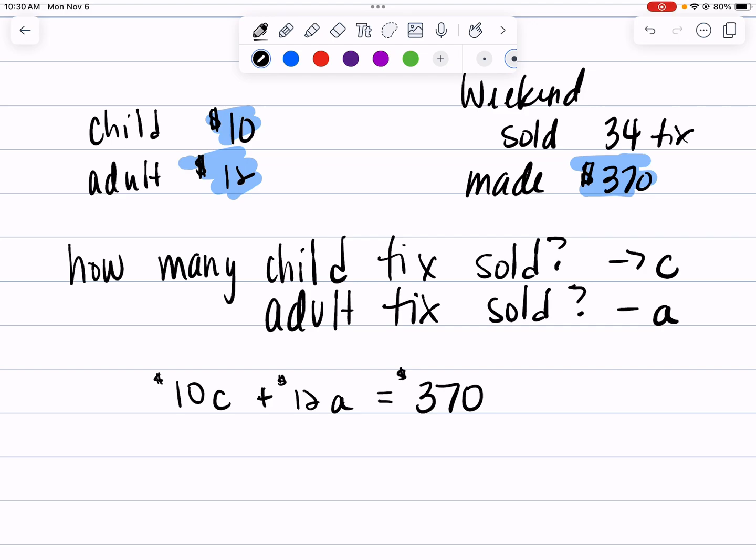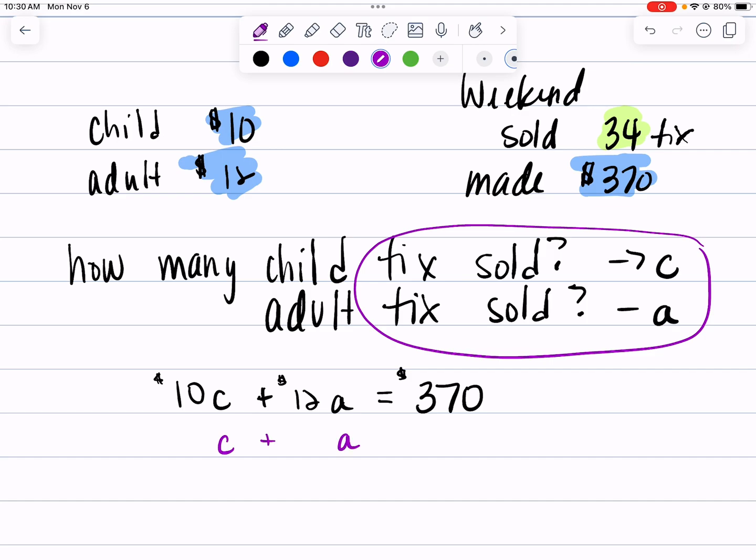The only number I haven't used is the 34, so this equation has to have the 34 in it. But 34 is just tickets. It has nothing to do with money, so I can't incorporate money into a tickets equation. Remember that C and A are just tickets too, so this one is just C plus A equals 34.